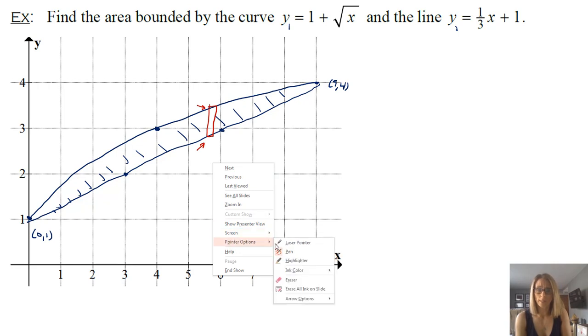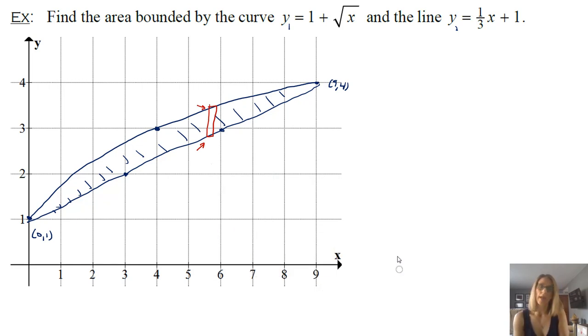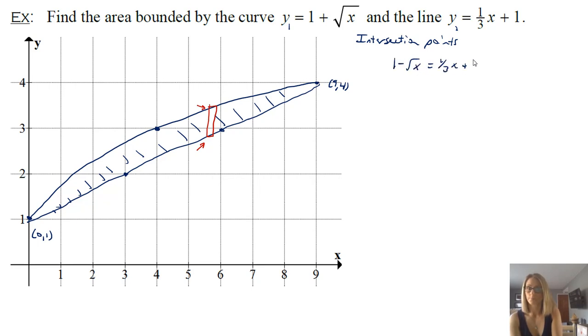Now, if you are not given a graph and you don't want to do a graph, then the best thing to do is find the intersection points, and that's common. Intersection points are just found by taking the two functions and setting them equal to one another. So we're going to have this. I can see pretty quickly that my 1's are going to simplify and be gone.